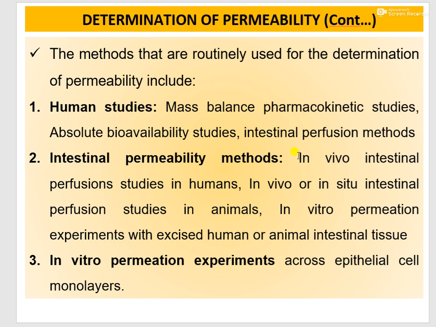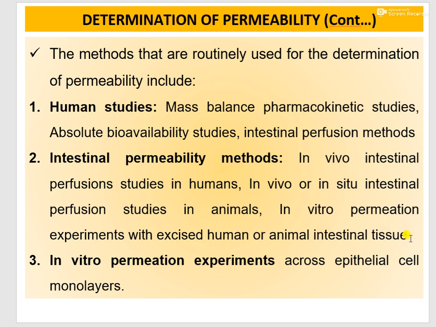In vivo intestinal perfusion studies in humans can be done, or in vivo or in situ intestinal perfusion studies in animals can be done, or in vitro permeation experiments with excised human or animal intestinal tissue can be performed.